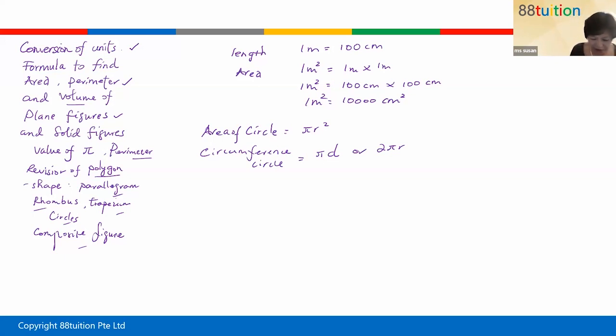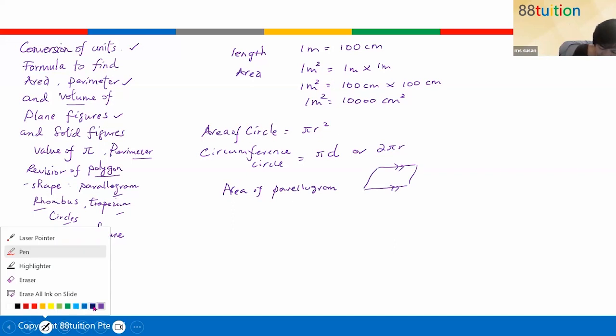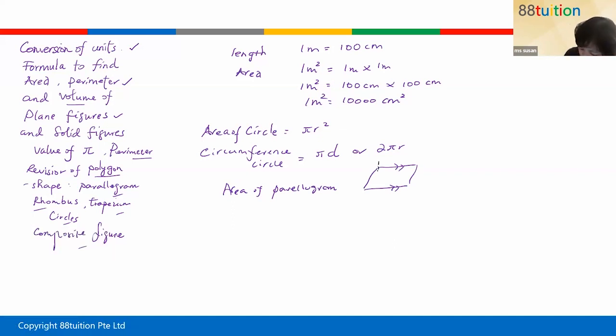Then we also have the area of a parallelogram, which we already covered last week. Since a parallelogram has 2 pairs of parallel sides, we can cut this triangle and paste it here, because it's a right angle triangle with the same area.